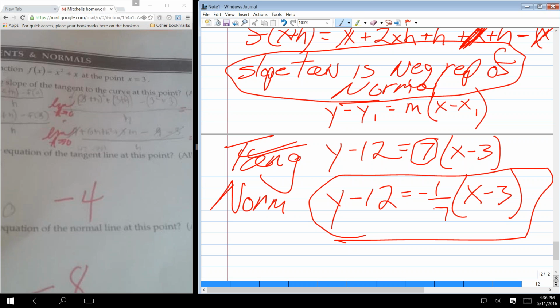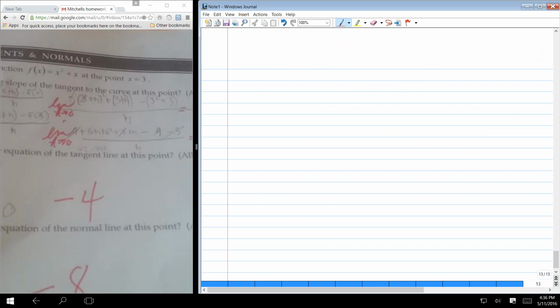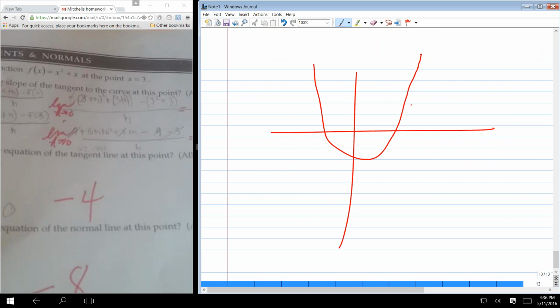It's the same point. In other words, what we had was a function like that, and we figured out, let me put a grid on this thing, that at point 3, we had a slope of about 7, right? Well, the normal still goes through that same point, because there's only one point where the tangent line touches the function.